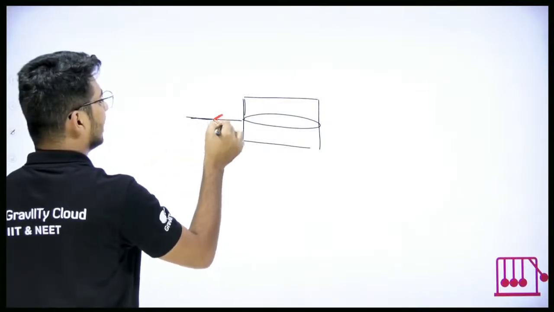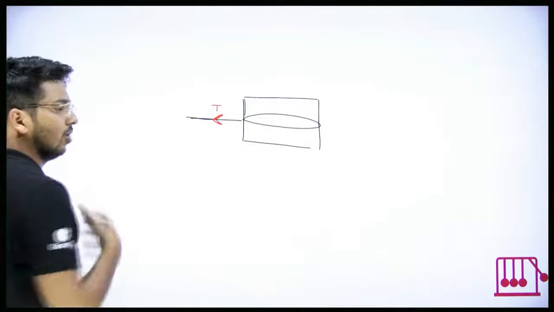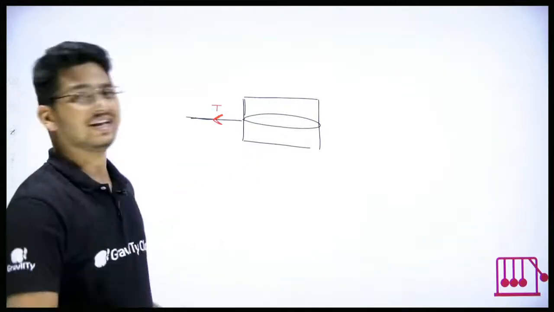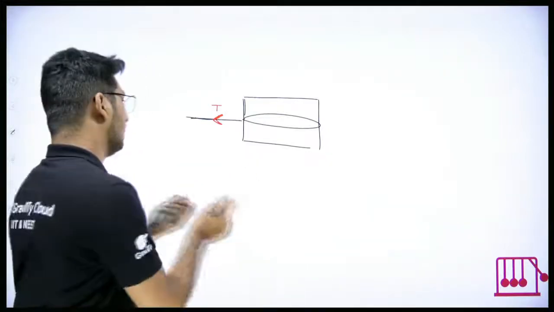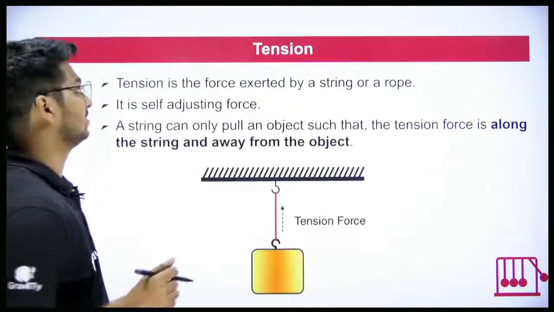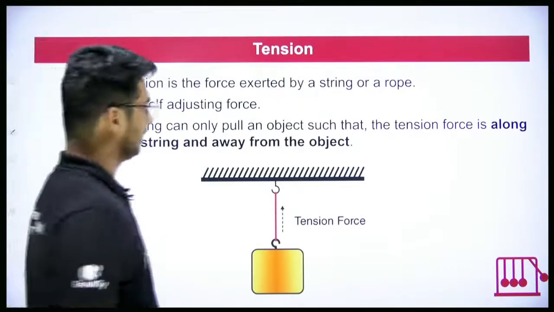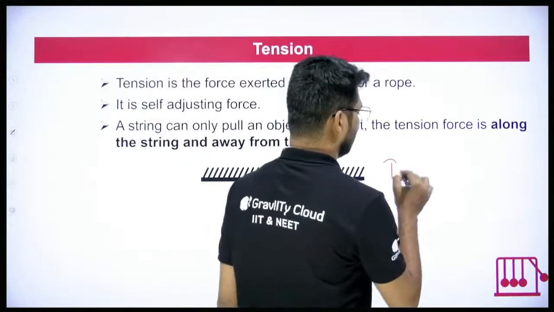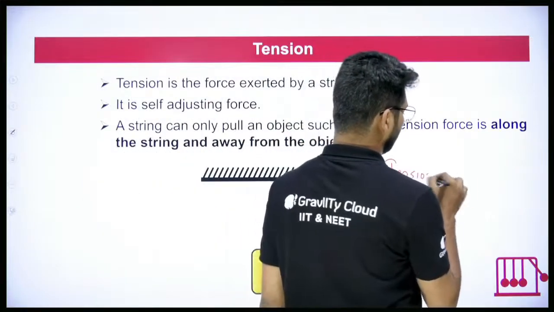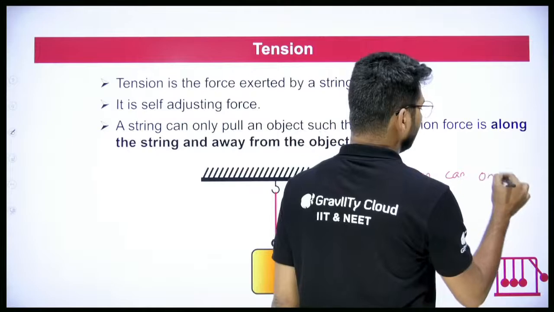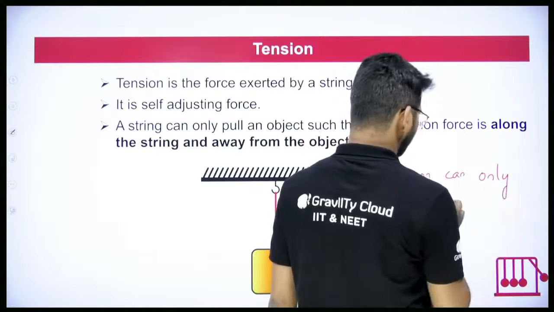The string can only pull the box. It can only pull it, it cannot push. That's the specialty of tension, it can only pull. Clear? I'll just write that down here. Tension can only pull.